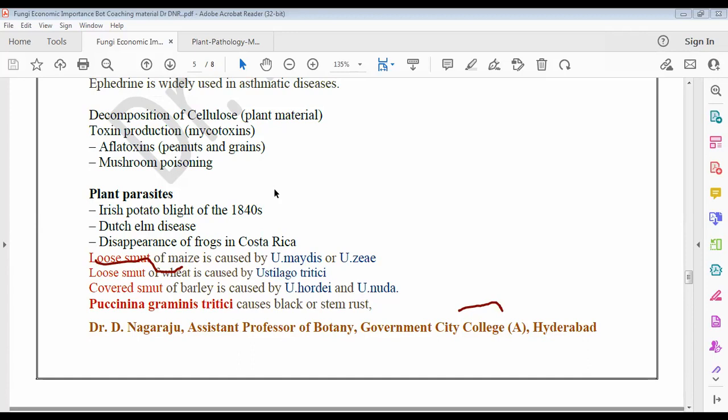What disease is it? Coffee rust. Disease is coffee rust, pathogen is Hemileia vastatrix.